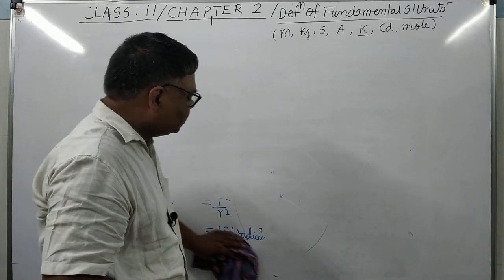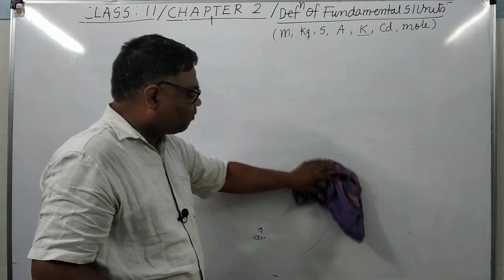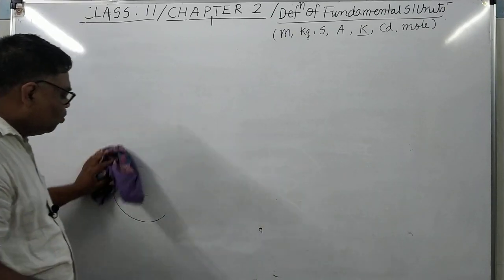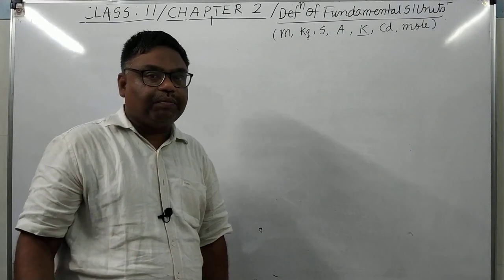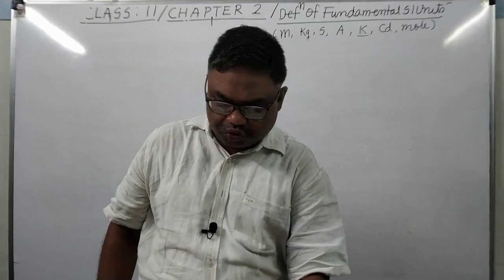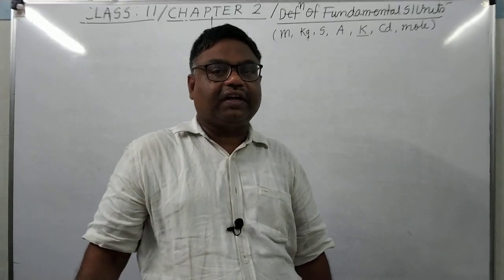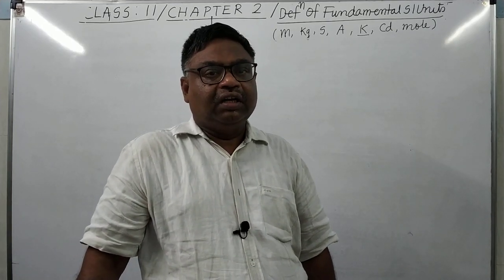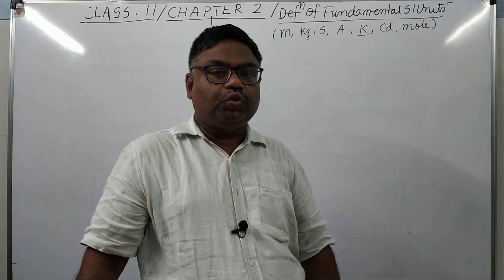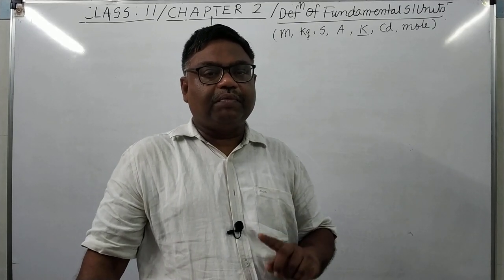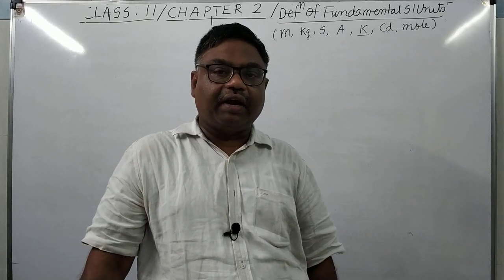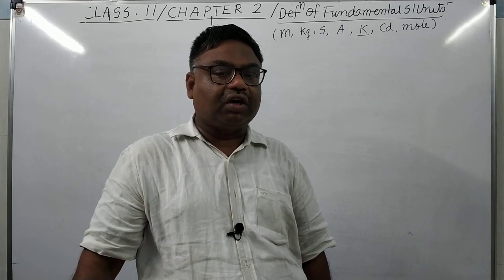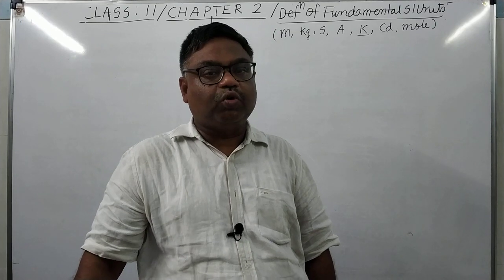Coherent system means one in which the units of other quantities can be found simply by multiplying or dividing the fundamental units without introducing any numerical factor. Is it clear? Those units which are obtained by multiplying or dividing the fundamental units are called derived units, and the quantities are called derived quantities.